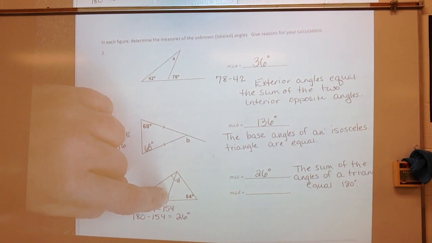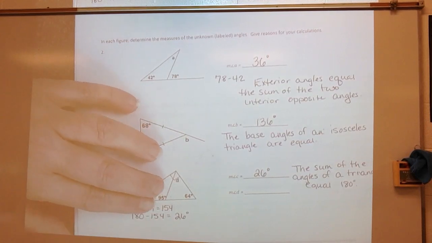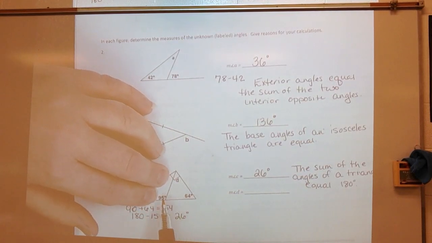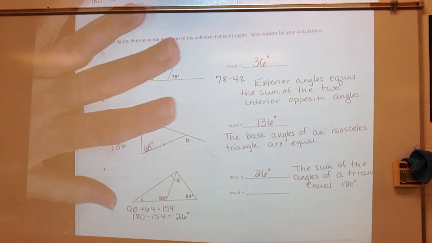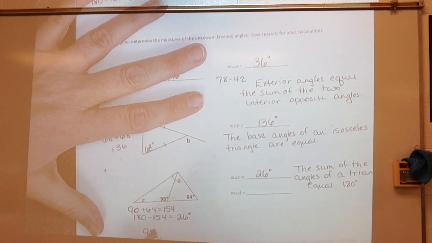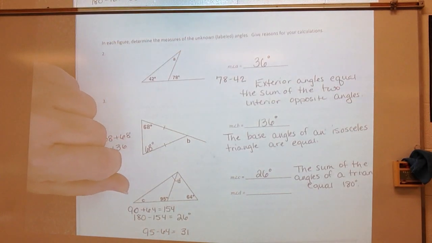Way number 1. Way number 2, I can look at this as an exterior angle, which means that it would be equal to the sum of D and 64. So 95 minus 64 would give me 31 degrees.